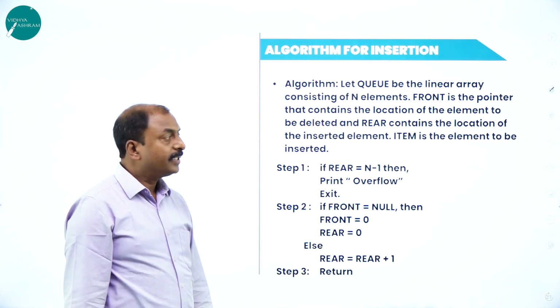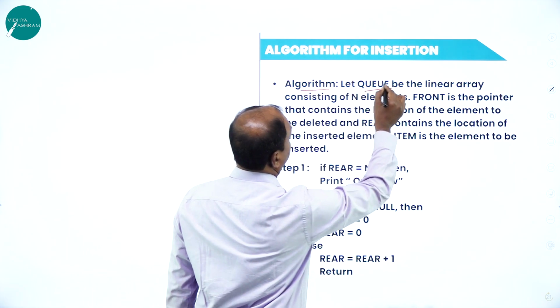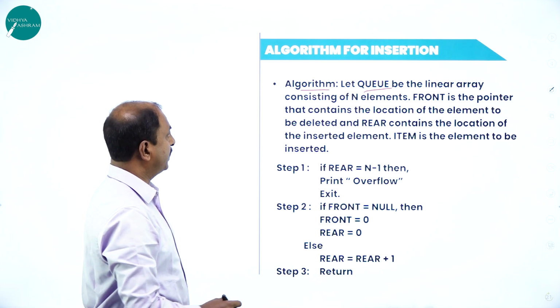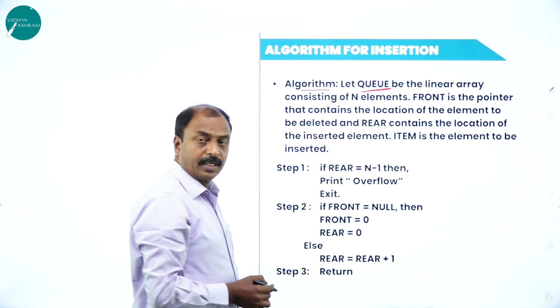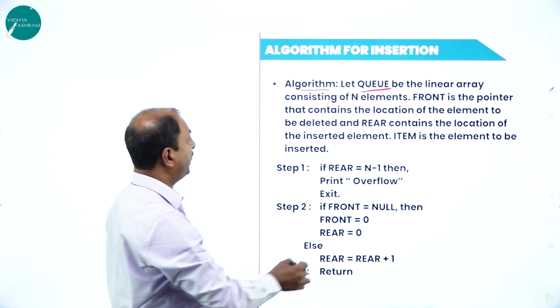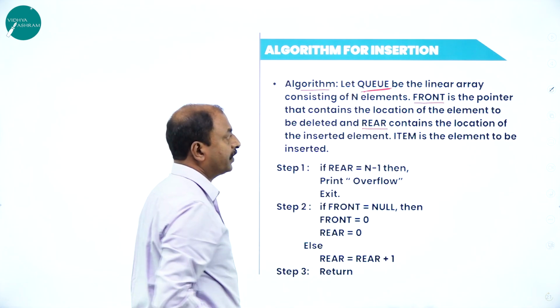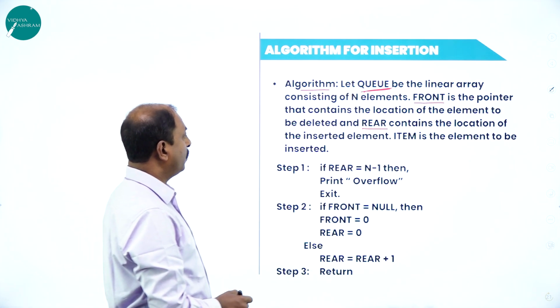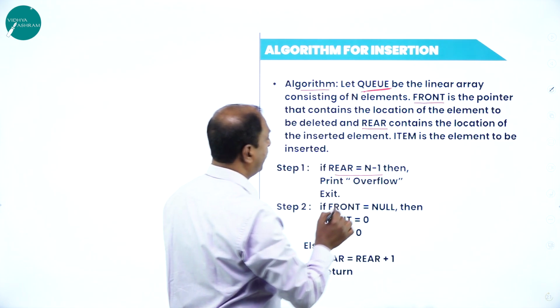Now let us see the algorithm for insertion in a queue. Let us assume that Q is a linear array, and we know that front is the pointer for deletion and rear is the pointer for insertion. In step 1, first I check whether rear is equal to n-1.